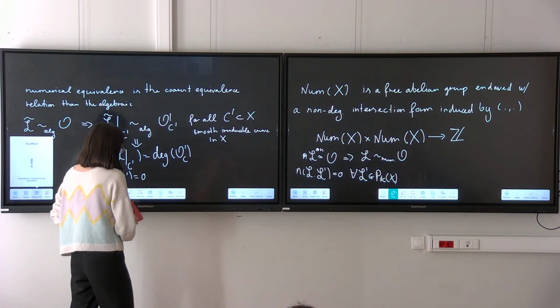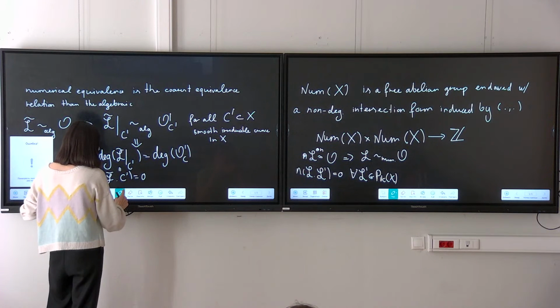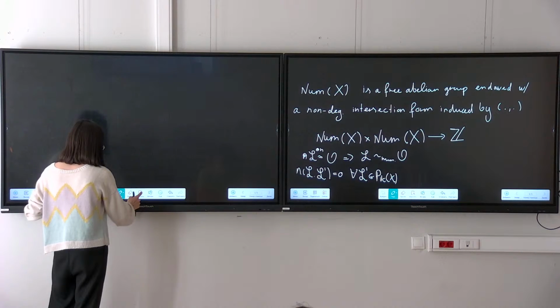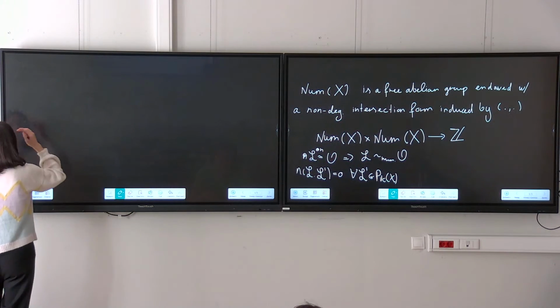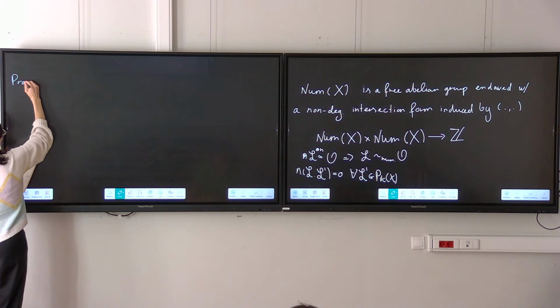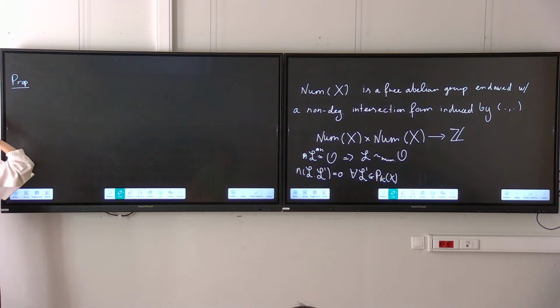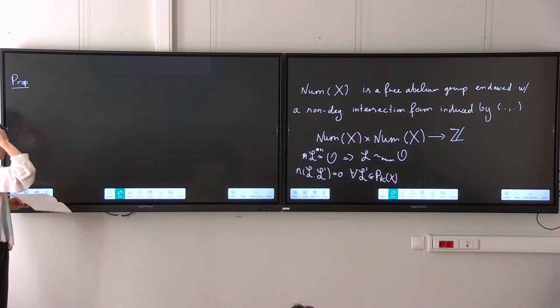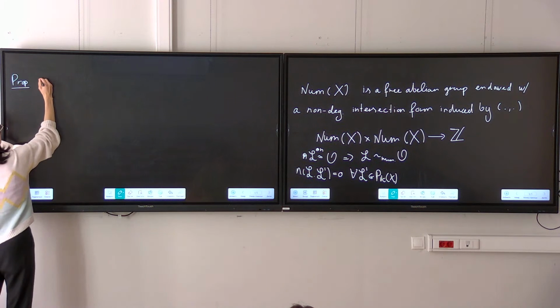Yes, and now let me state a proposition that we will prove in the complex setting, but it works in a more general setting of algebraic varieties, for an arbitrary field, as far as I understand. Okay, I will say later.